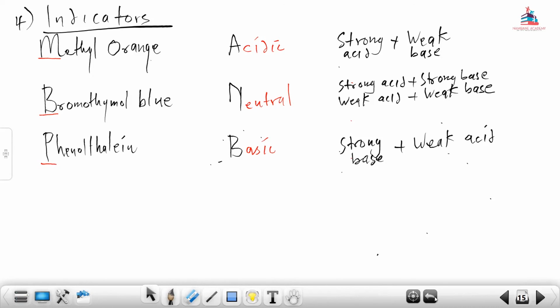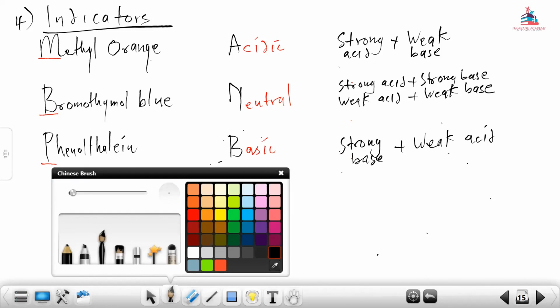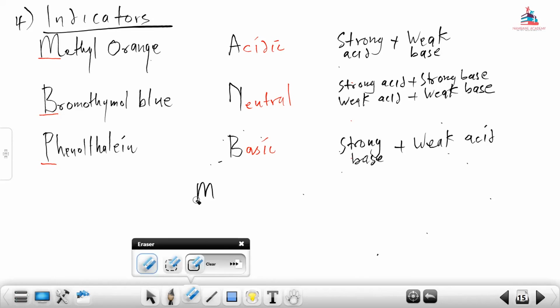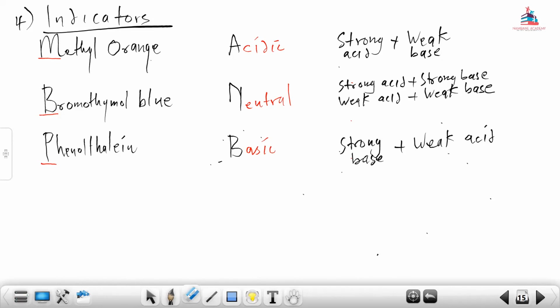But what are these color changes? Very easy. Remember, this is my beautiful princess. So God blessed us now with 3 beautiful babies. Let me just write color changes.